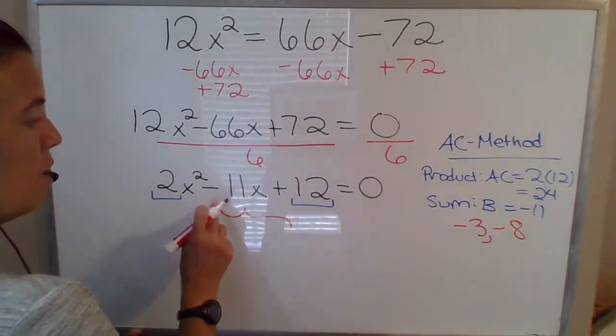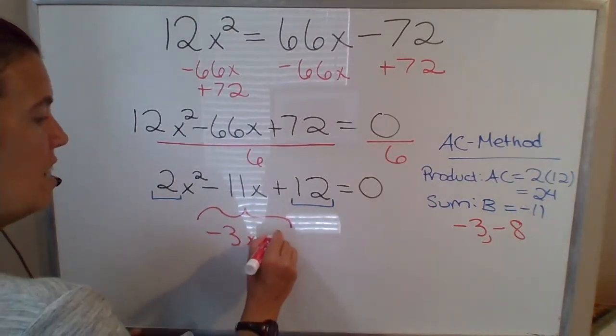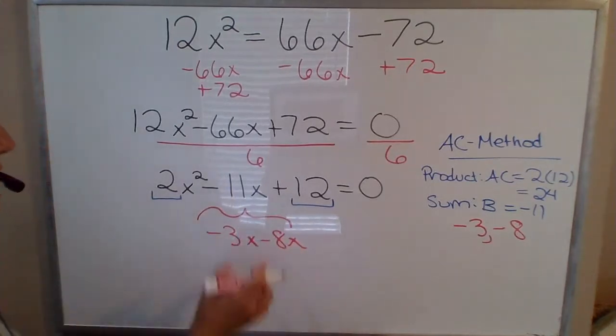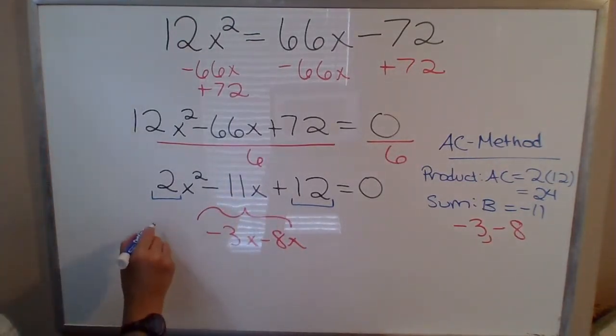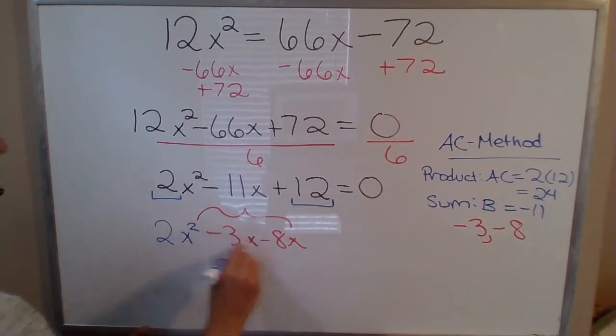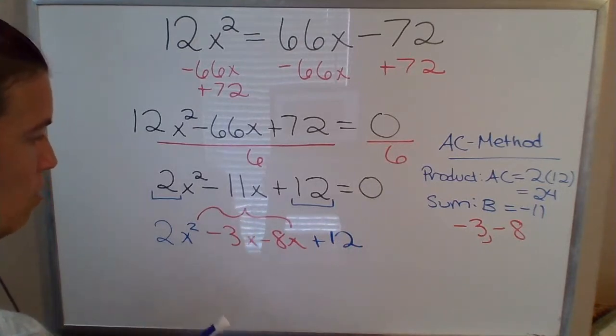So instead of writing minus 11x, I'm going to write this as minus 3x minus 8x. So that's still equal to negative 11x. And I'll leave these other terms the way they were. So we have the 2x squared in front and the plus 12 in the back equals 0.